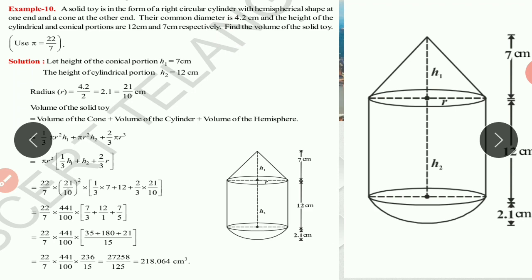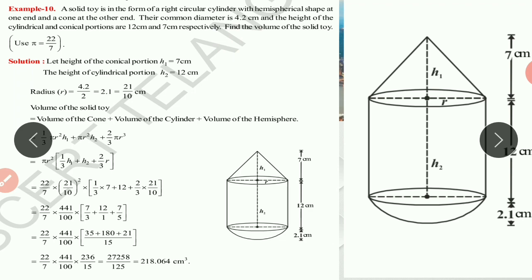Their common diameter is 4.2 centimeters and the heights of the cylindrical and conical portions are 12 centimeters and 7 centimeters respectively. Find the volume of the solid toy. Use pi equal to 22 by 7.